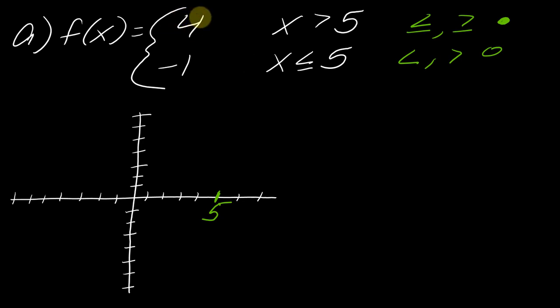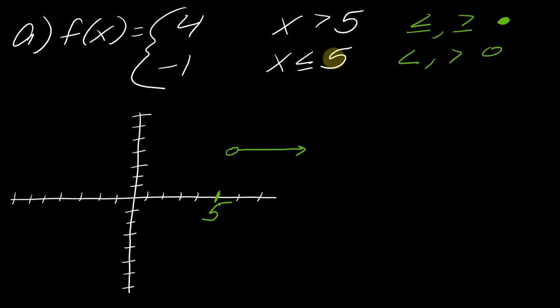I need to have the constant function 4. So I'm going to come up to 1, 2, 3, 4. And I'm going to put an open dot here. And then I want to go in the direction that the x's are going. So x is greater than 5, so that would be this constant function here.